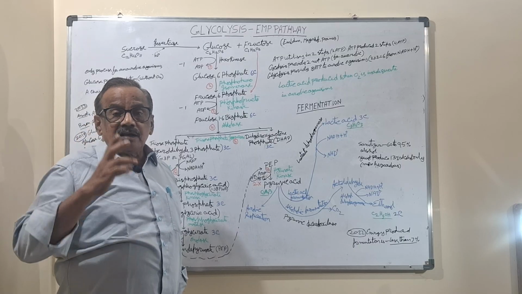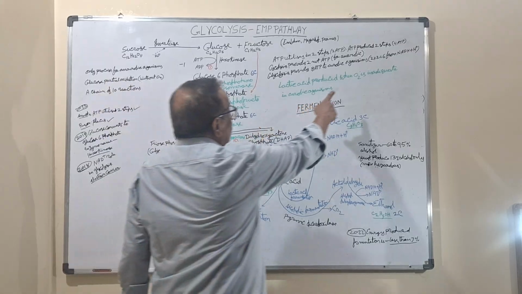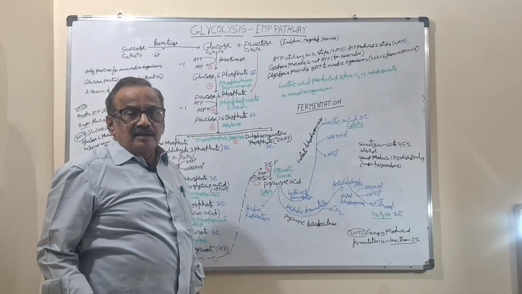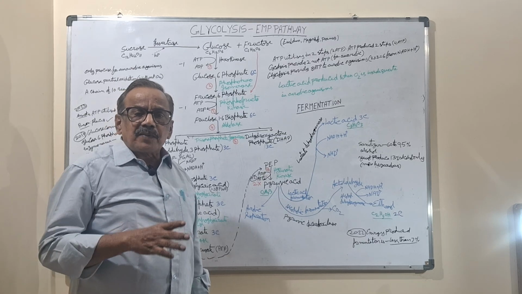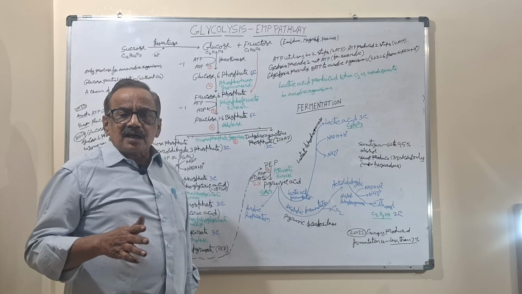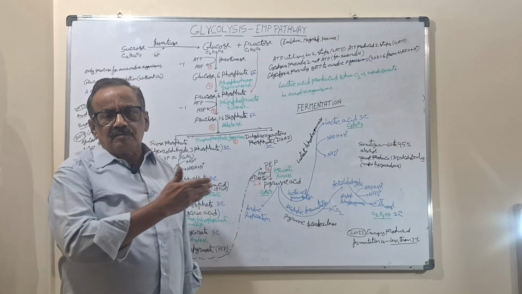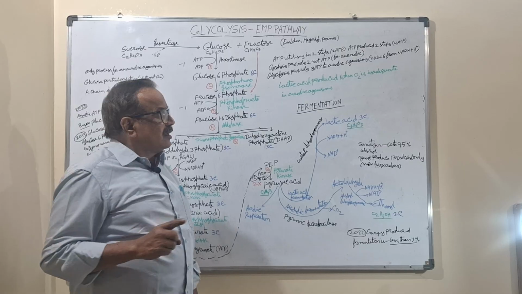Why is it coming? Because the O2 is inadequate. Oxygen is supplied through the blood, but whatever oxygen is supplied through the blood is not enough for the complete oxidation of the respiratory substance. That is the thing.